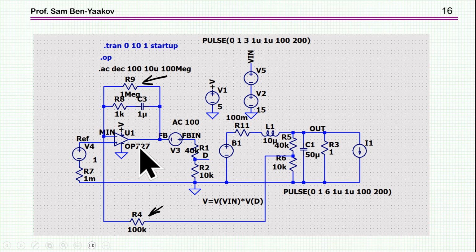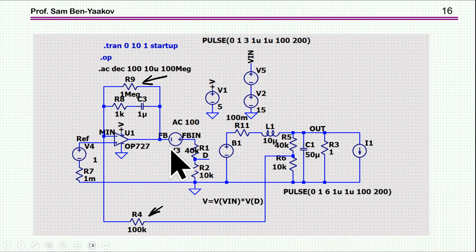Now I'm going to run a simulation with a much smaller loop gain. This I'm doing by replacing this 1 gigaohm with 1 megaohm. This is 100, so the gain from here to here is 10, because this is 0.1 megohm and this is 1 megohm, and this is like an inverting amplifier.